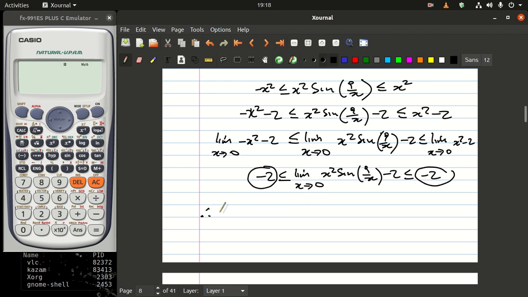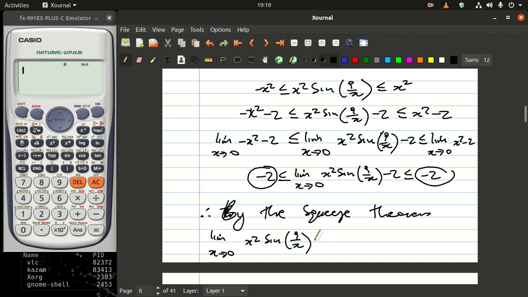So you say, by the squeeze theorem, the limit as x approaches 0 of x squared times sine of 9 over x minus 2 must also be this number, which is the same as that. So it must be minus 2 actually.